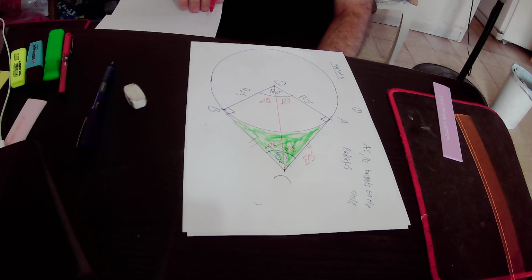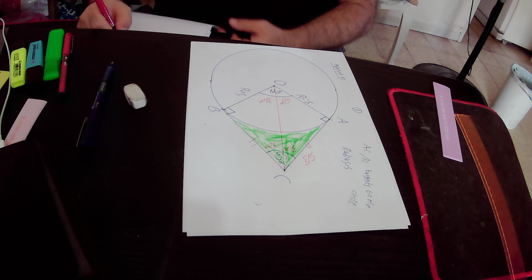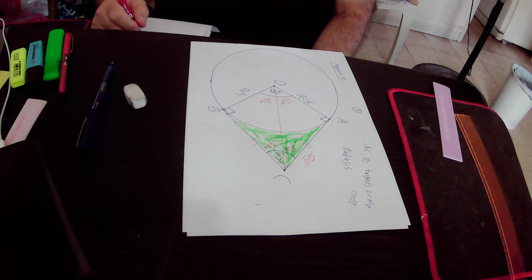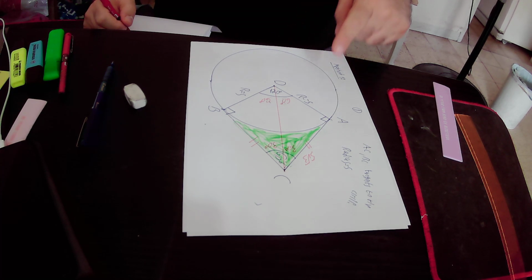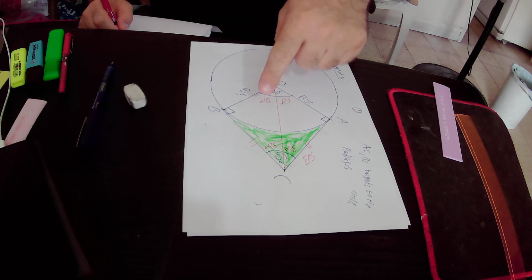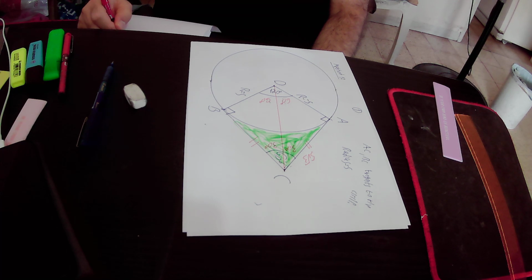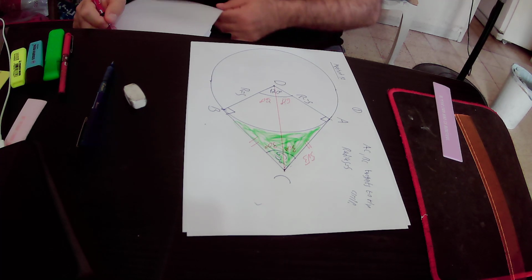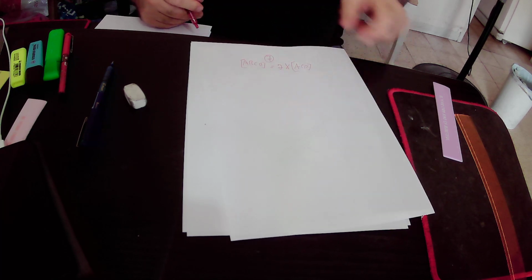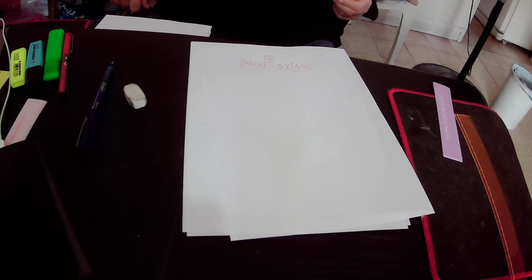So, for that reason, we will get that the area of quadrilateral ABCO equals 2 times the area of triangle ACO, because those two areas are equal to each other.